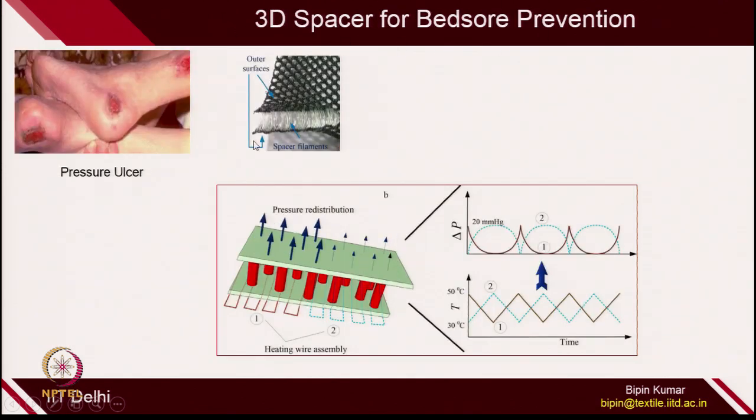3D spacer fabrics are now being suggested for pressure ulcer applications, where usually when you sleep on a normal mattress, because of poor breathability and pressure peaks, you get ulcers or sores. We also call pressure ulcers bed sores. Once you use 3D spacer fabric underneath your body, the pressure redistribution is very good, and there is less chance of bed sores.